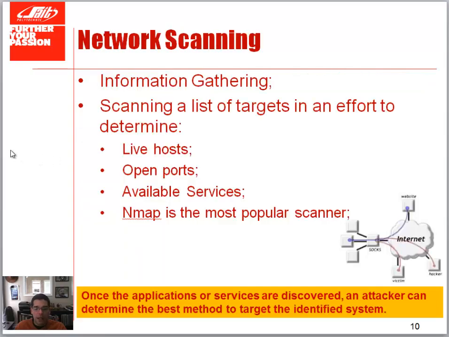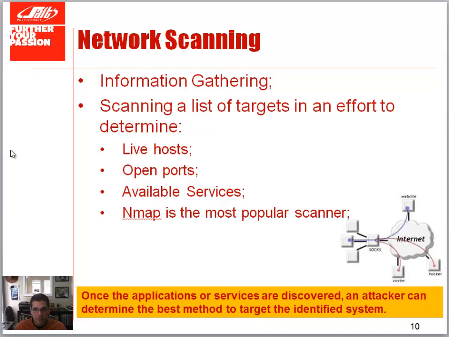So network scanning: the first activity that you use Nmap for is port scanning. You scan your network and find out about the IPs available and the open ports available. Once you have that, you know what services are behind those open ports, so you get more information about your target.